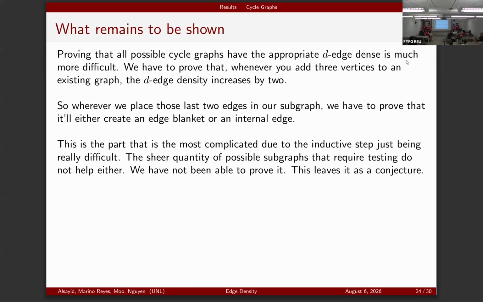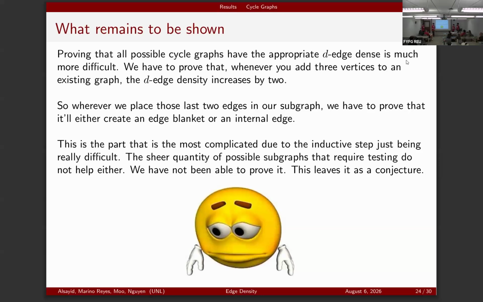Now, the reason this is so hard is due to the inductive step. It's just so much math, and it doesn't help that there are so many possible subgraphs we can make and try to prove. And this is the reason why we leave this as a conjecture.